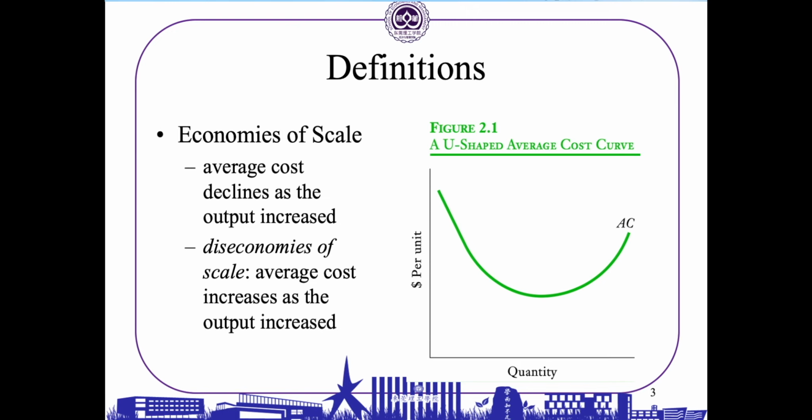It is mostly because the fixed cost is spread over increasing output initially. When the volume of output is very large, with production beyond capacity constraint, the process exhibits diseconomies of scale. The average cost increases with increasing output.